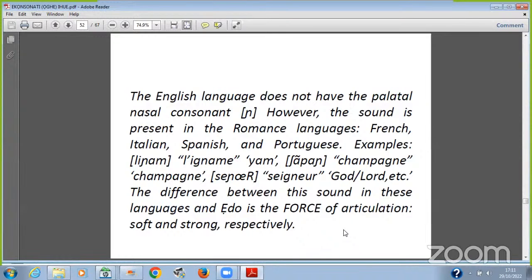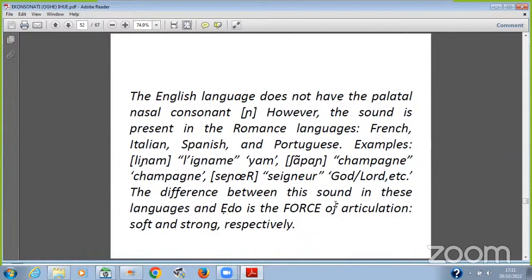However, the sound is present in the Romance languages, that is French, Italian, Spanish, and Portuguese. Examples are liam, champagne, Seigneur, in French. It's the same in Spanish, for instance. You have señora, for those who speak Spanish.